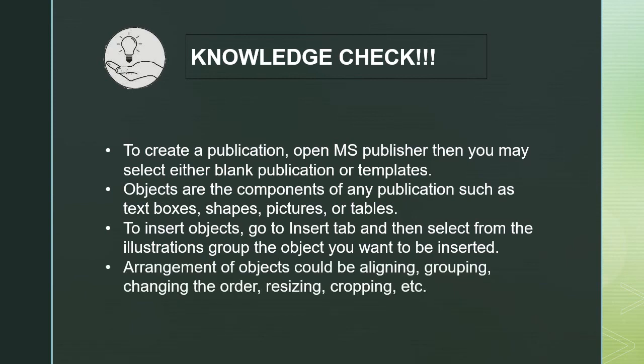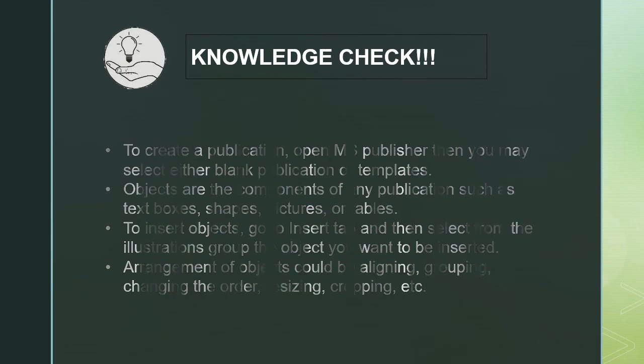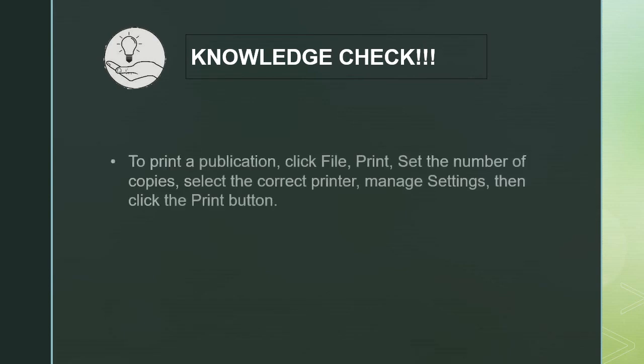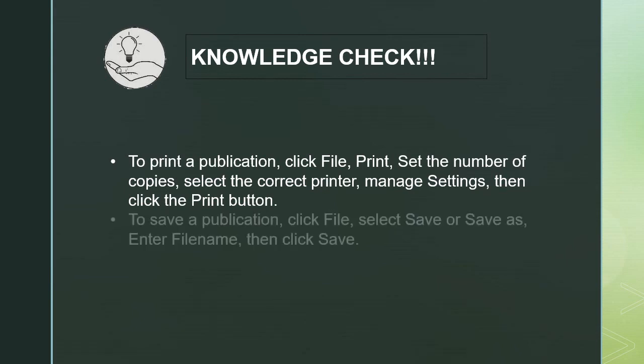Arrangement of objects could be aligning, grouping, changing the order, resizing, cropping, etc. To print a publication, click File, then Print, set the number of copies, select the correct printer, manage settings, then click the Print button.